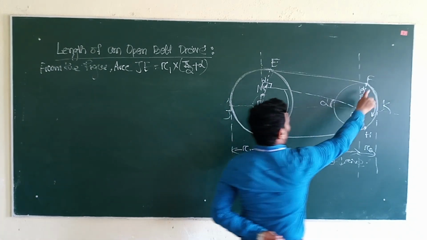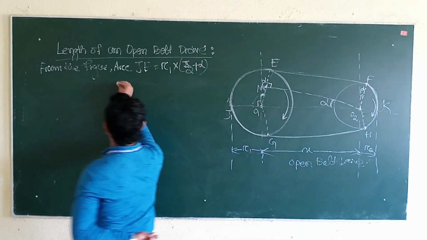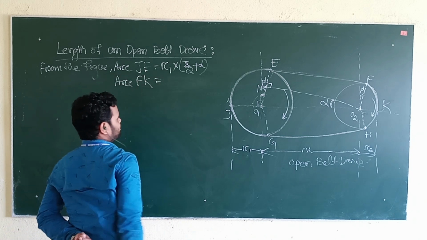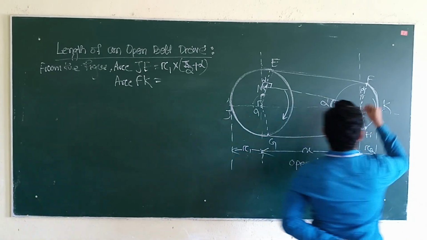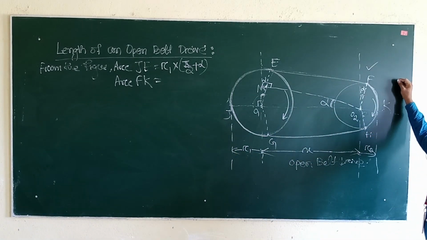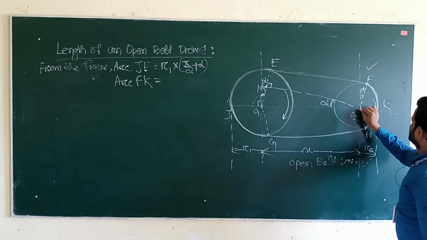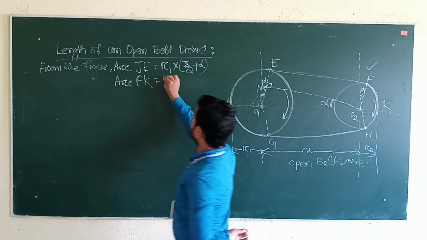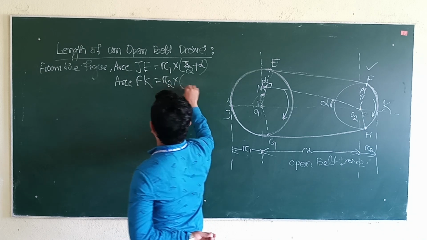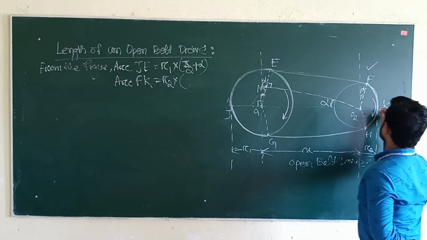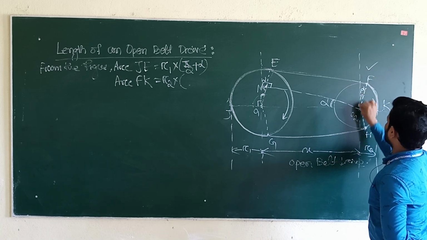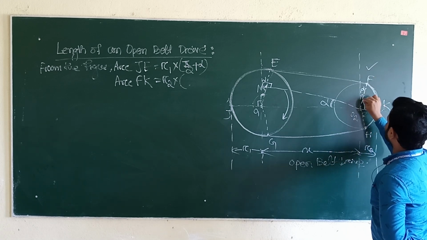Similarly, we will find out arc FK. Here we will see in the figure the driven or follower pulley. The radius of the follower pulley is what? R2. So R2 into multiplication of angle. The angle is from K to F. This is the total angle 90 or pi by 2, and this is the angle alpha.